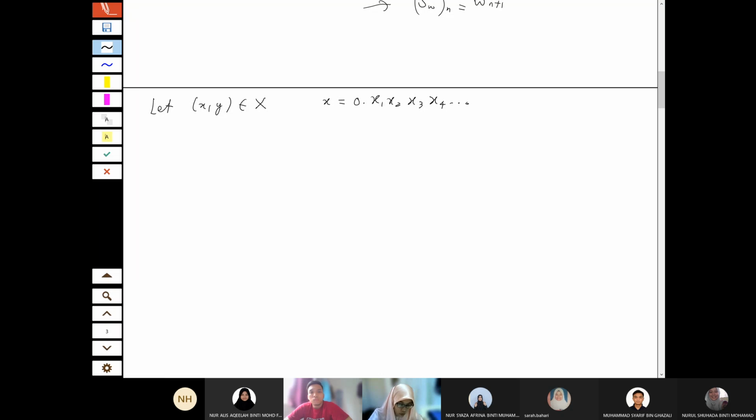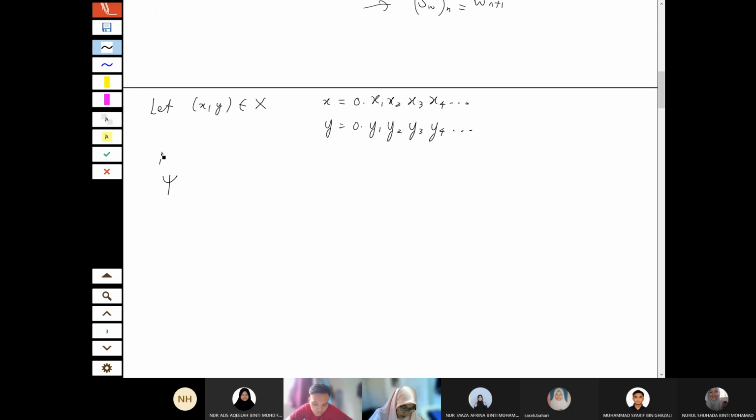So now we want to formulate a one-to-one correspondence psi, or phi from before, from X to Y. This is how we formulate it. For x, we have 0.x1, x2, x3, x4, and for y, we have 0.y1, y2, y3, y4, and so on. So these are the two coordinates.